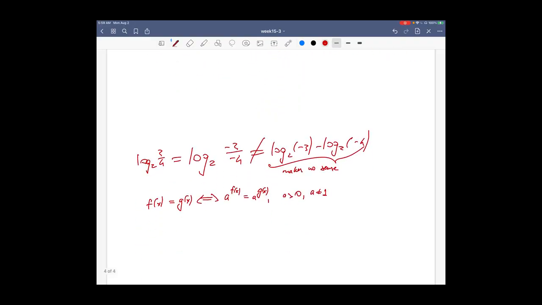That is because, by definition, a to the power log base a of b equals b. By definition of logarithm, log b base a is the power to which a needs to be raised to get b. Here, of course, a is positive, b is positive, and additionally a is different from 1.